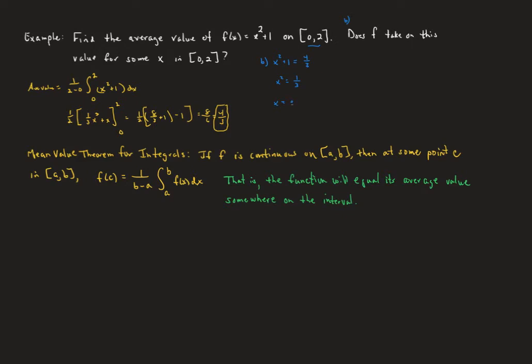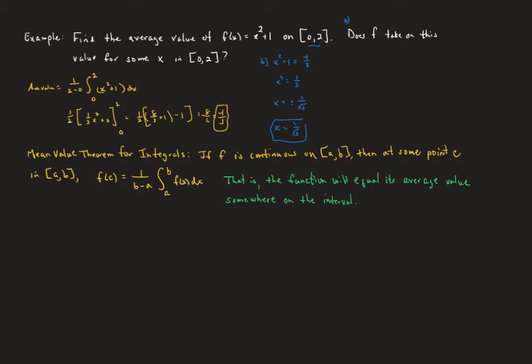Square rooting both sides, we're going to get the square root of 1/3, which is 1 over the square root of 3. Now the negative square root of 1/3 is not going to be on our interval, but the positive 1 over the square root of 3 is going to be between 0 and 2. So yes, the function does equal its average value somewhere on that interval.